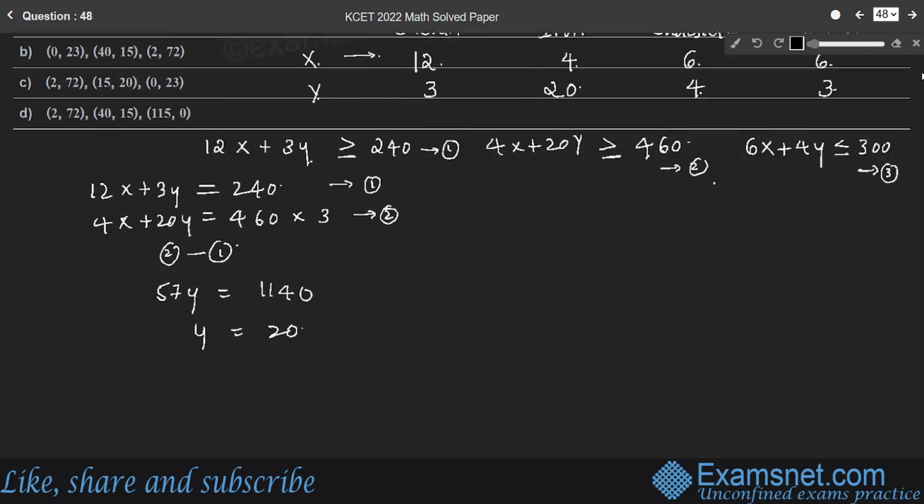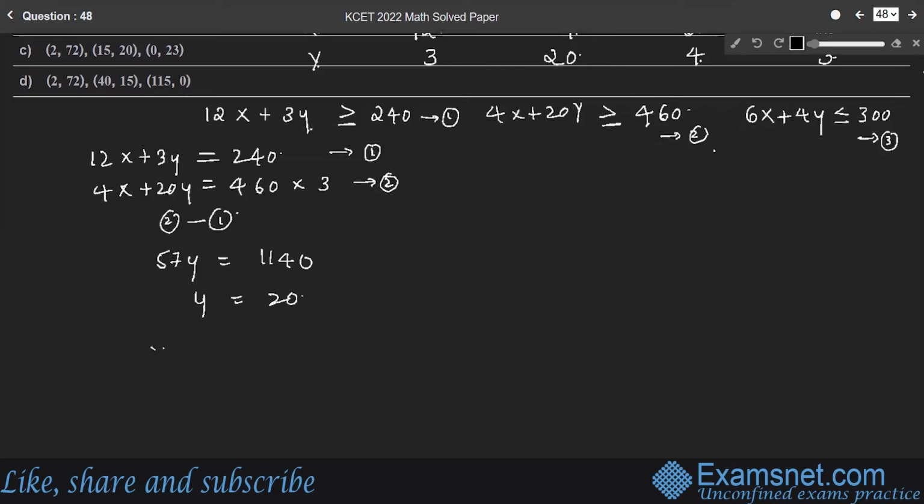Therefore, x is equal to, substituting the value of y in either equation 1 or 2, 12x is equal to 240 minus 3y. 3y is 60, so which is 180. Therefore, x is equal to 15.